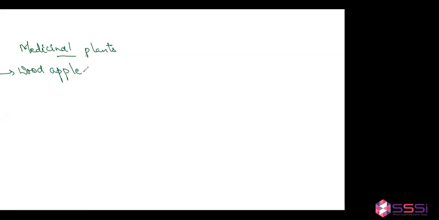In summers, people consume it in juice form, or eat the inside part of the fruit, as it is good for the digestion process. Wood apple is called bael in Hindi. It is good for digestion.